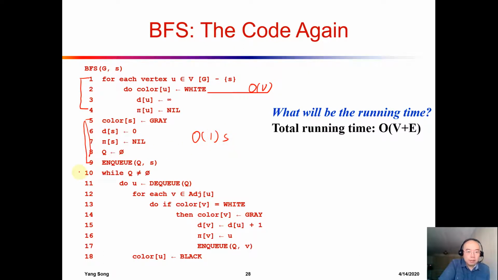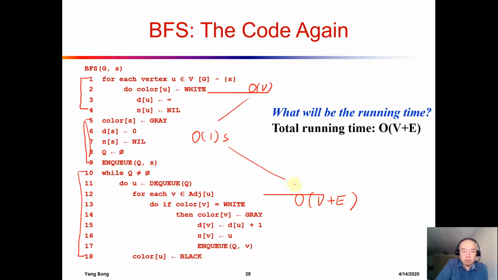And then for the next part, we are using this iteration to visit all the nodes and all the edges. So that is O(V+E). If we add those 3 parts together, O(V) plus O(1) plus O(V+E), eventually we will get this.